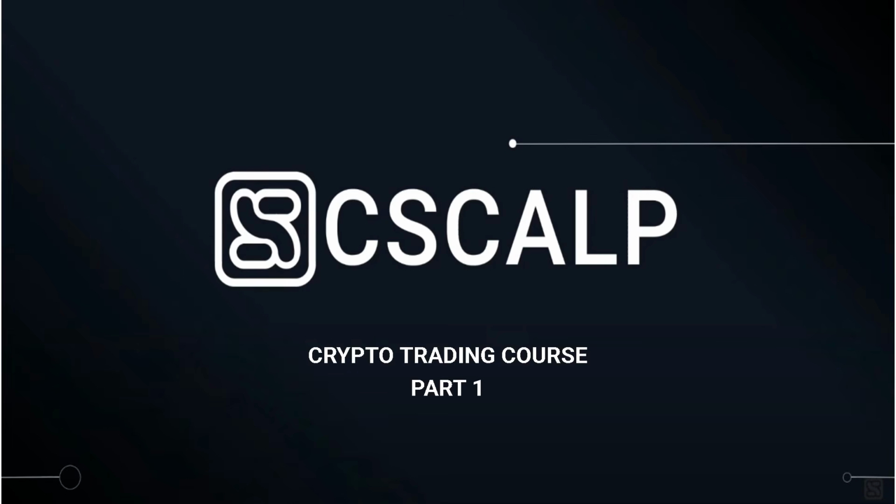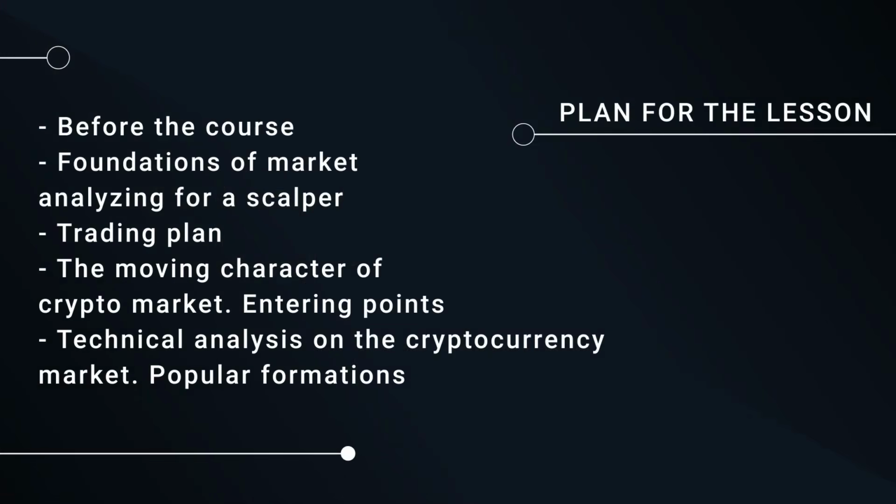Firstly, let's see the plan for today's lesson. First, we're going to talk a bit about all the necessary things to do before the lesson. Then we'll discuss the main foundations that help a scalper make a decision about a trade, looking at three main components for a good entering point.